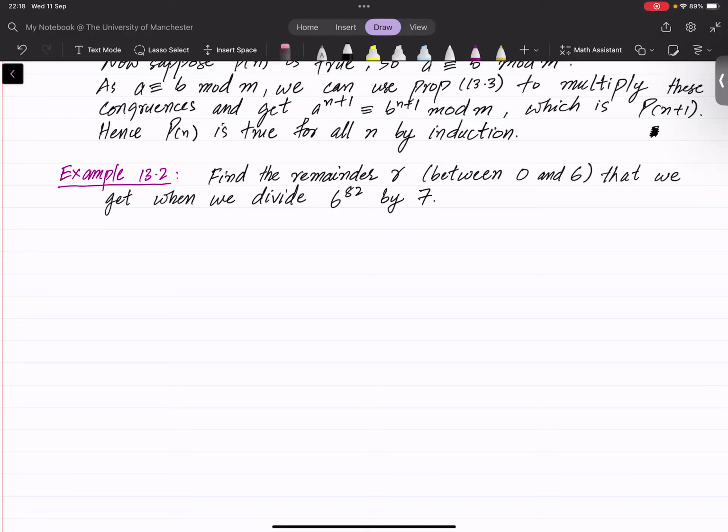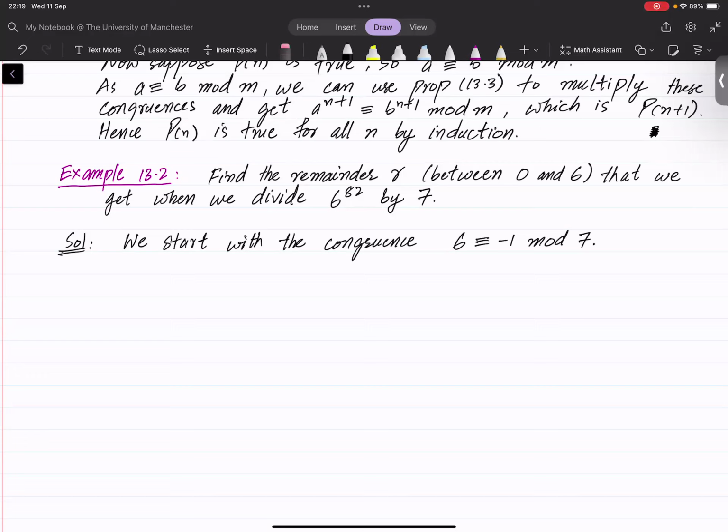Okay, let's try to find that. Solution. We start with the congruence that 6 is congruent to minus 1 mod 7.